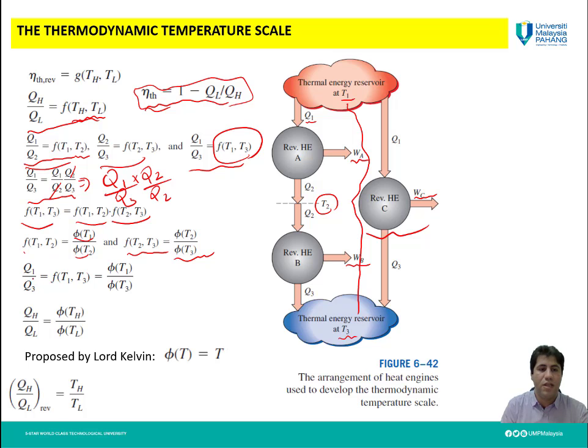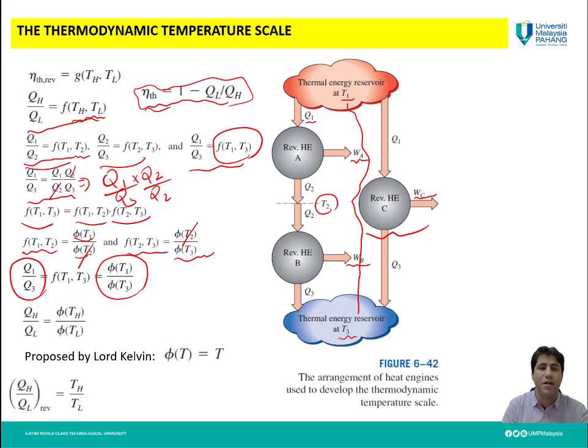And then this F of T1 and T2, or this F of T2 and T3, if we substitute phi T1, phi T2, and phi T2, phi T3 in this equation, and if we cancel, we will have this.